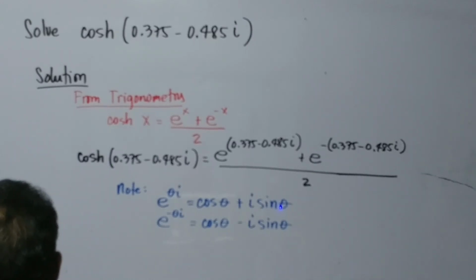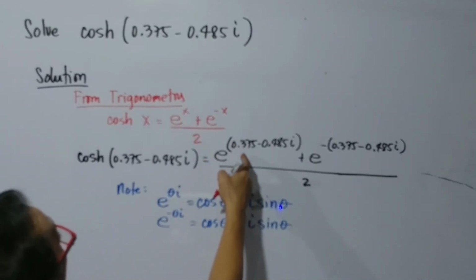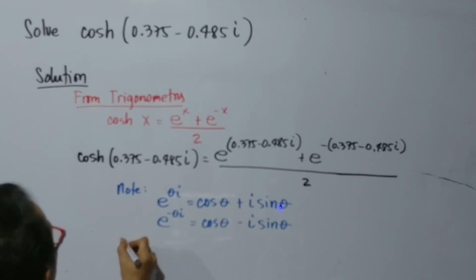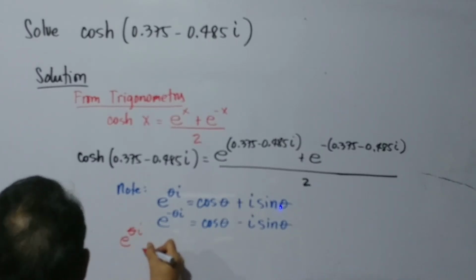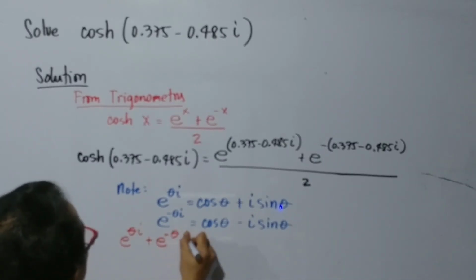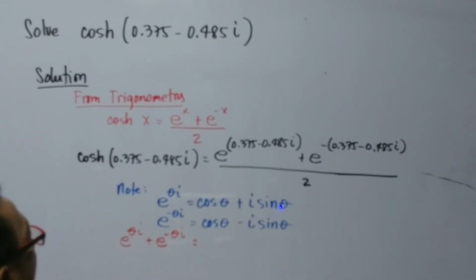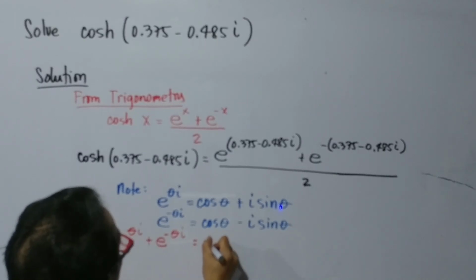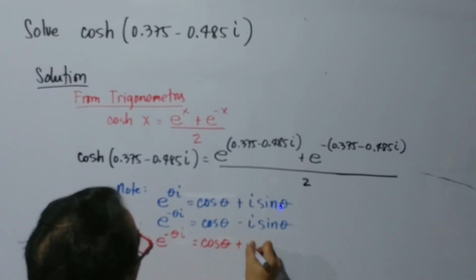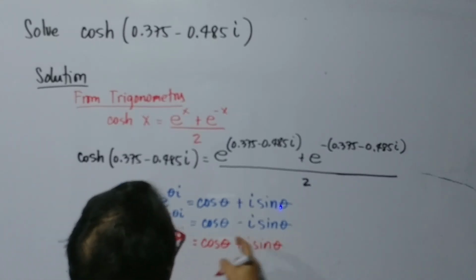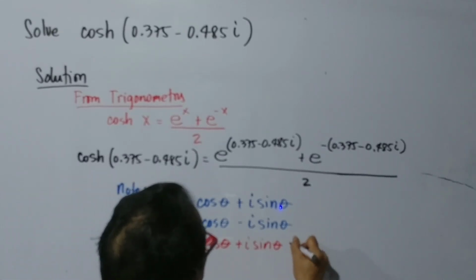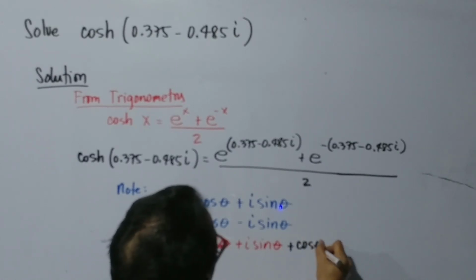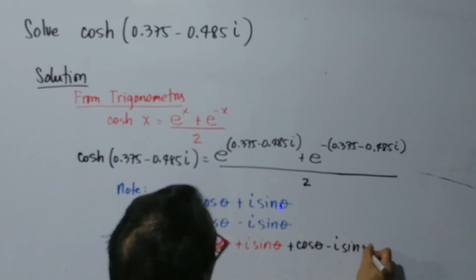So we have now e to the theta i plus e to the negative theta i is equal to cosine theta plus i sine theta, this one, plus cosine theta minus i sine theta.